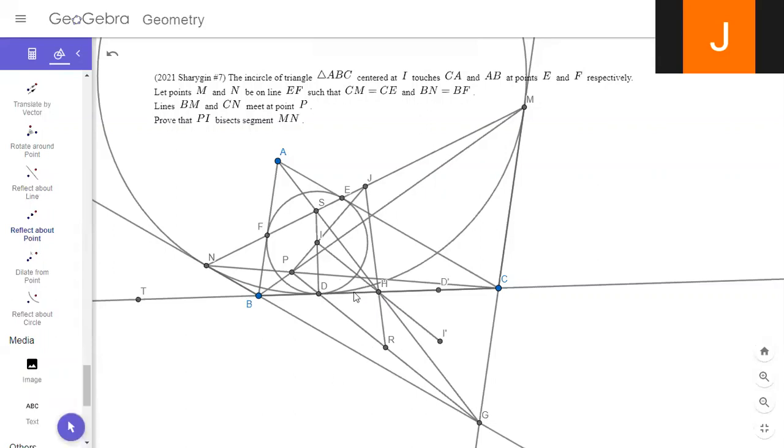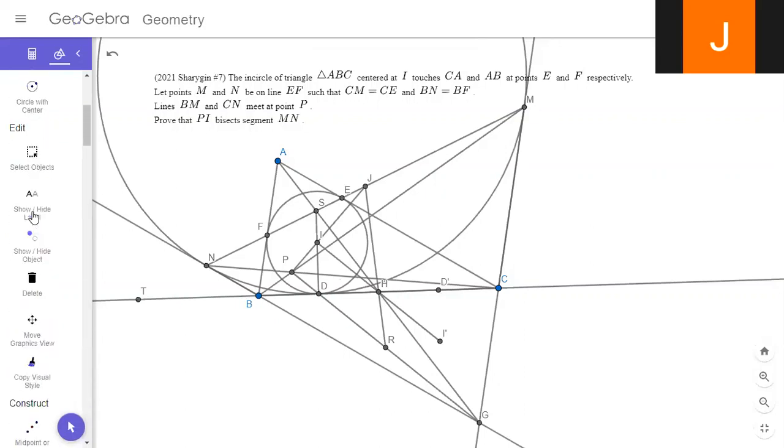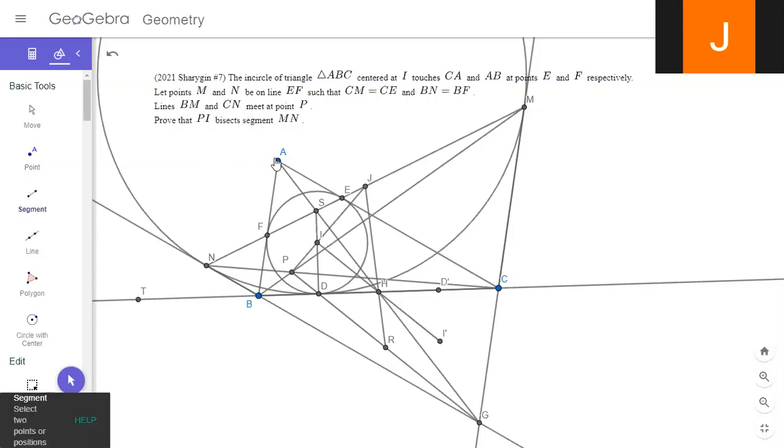So GD is the same as AD prime, right? And so we want to show AD prime is twice IH. No, I don't think GD prime is twice IH. But yeah, there's just a lot going on in this figure.